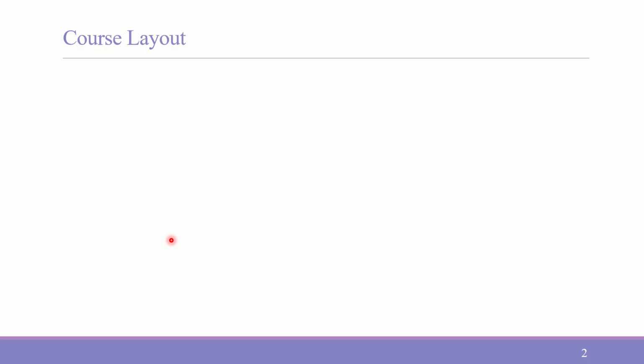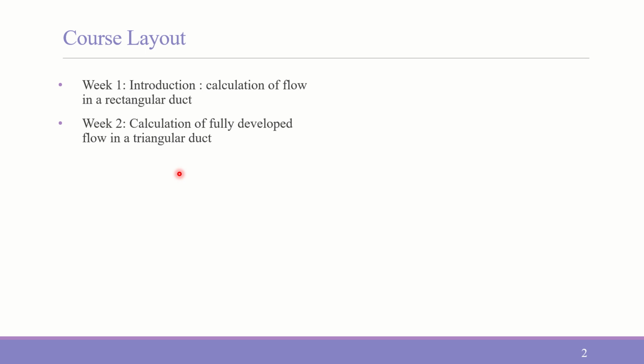As you know, this is a 12 weeks course, and we have seen whatever things we require from the basics. In week 1, it was an introduction about the calculation of flow in a rectangular duct, and in week 2, about calculation of fully developed flow in a triangular duct.